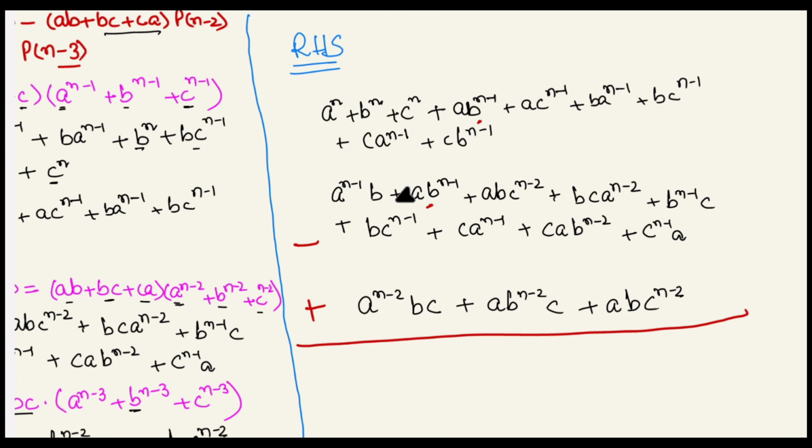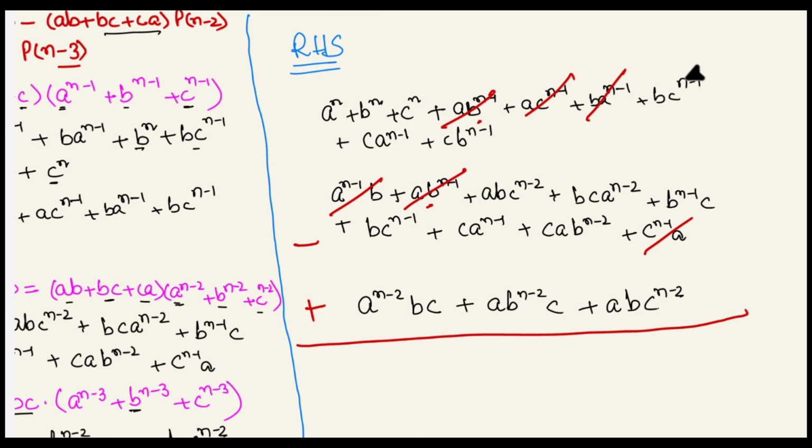Now this sign will become minus, and when we add these two, it will get cancelled. Similarly, a c to the power n minus 1 will get cancelled with this one, a c to the power n minus 1. Similarly, b a to the power n minus 1 will get cancelled with this one. This is the term I missed last time.